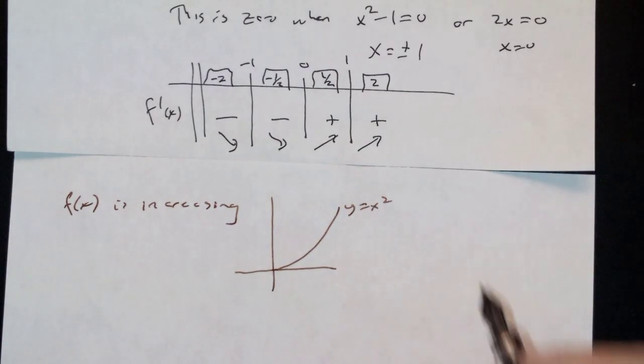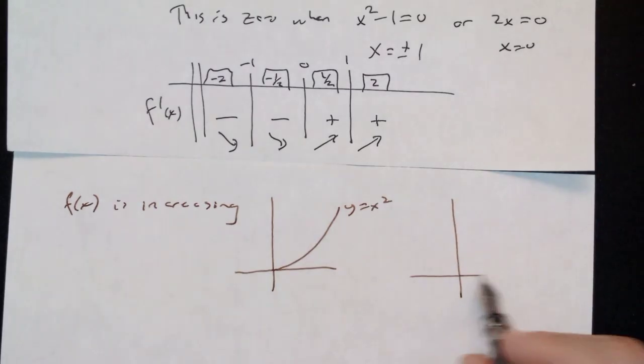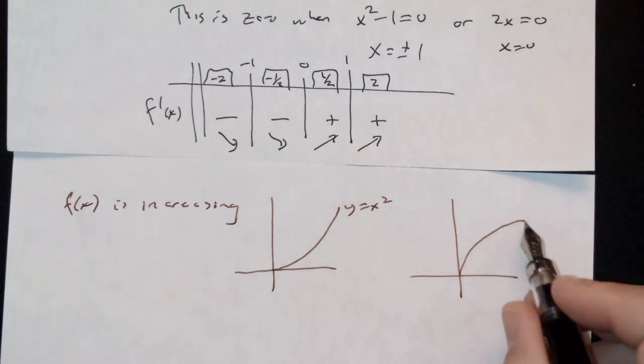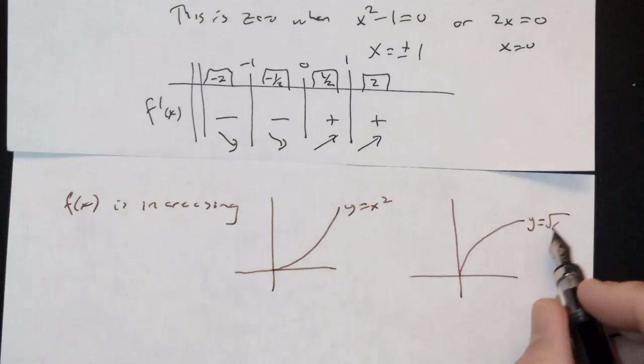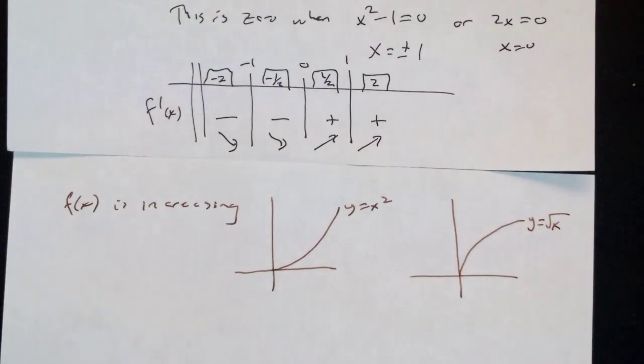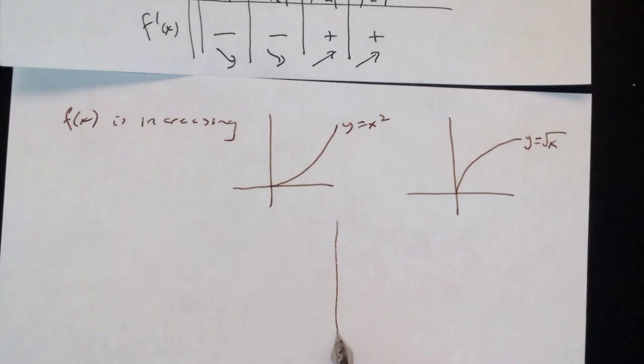I could think of a graph like the square root of x. Or I could just think of a straight line like y equals x.